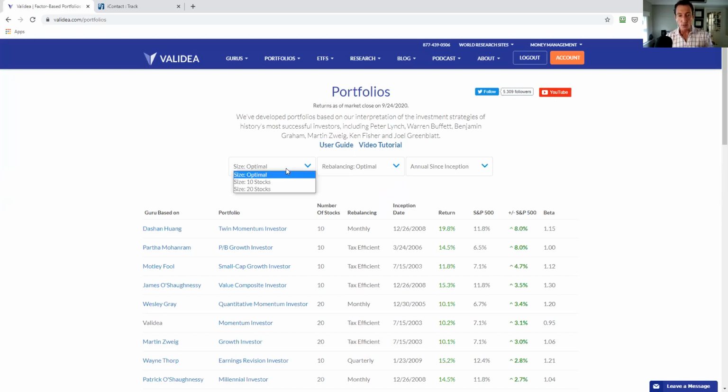And all these, if we were to switch it to, say, the default view, when you come into this page, what you're seeing here is the optimal for each strategy. You're seeing the optimal size portfolio and the optimal rebalancing period for each strategy. What that means is, under the Deshaun Hang twin momentum model, the best performing portfolio over the long run is the 10 stock monthly portfolio.